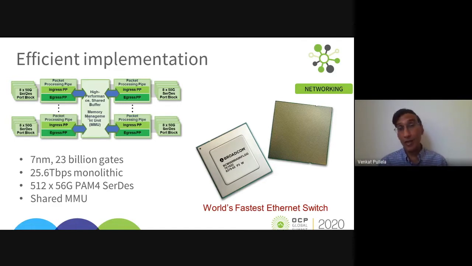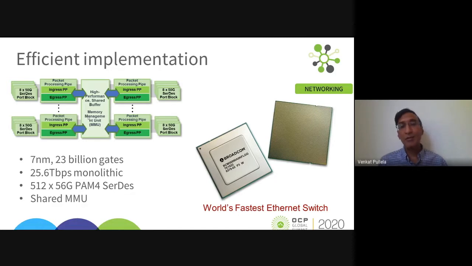So where I am getting all this data is from, at the time of this recording, still the world's fastest Ethernet switch, a Tomahawk 4, 7 nanometer, 23 billion gates. With that number, you think you have a lot of gates to waste. You will see how efficiency is built into the design to make use of every gate at that level, and it's very hard when you want to push some 25.6 terabits of throughput.